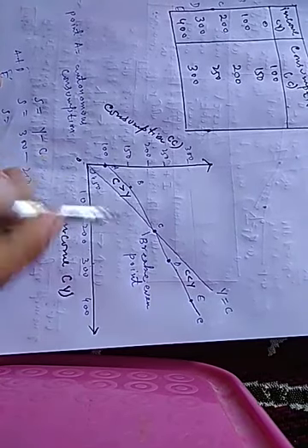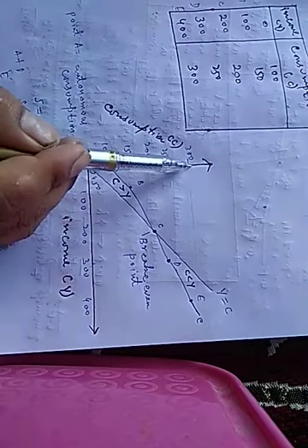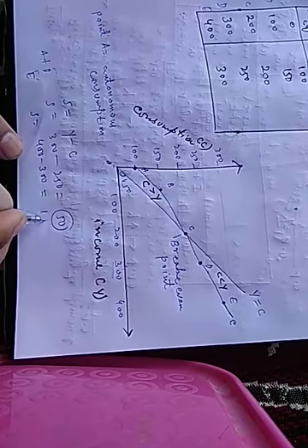And at point E, income is 400 and consumption is 300, showing savings equal to 100.